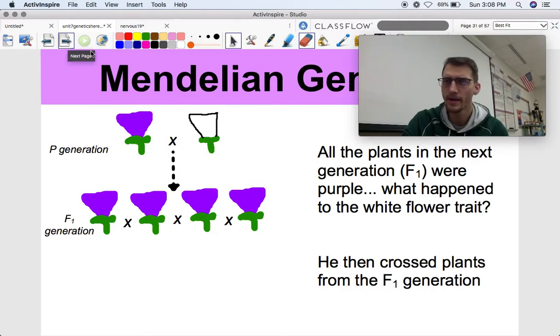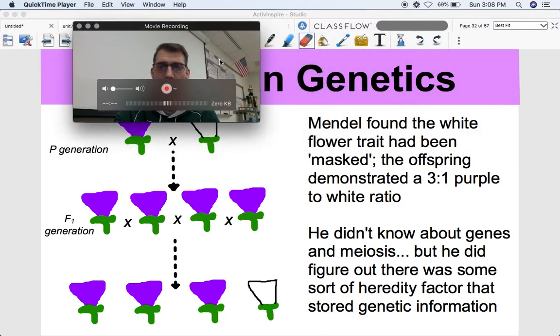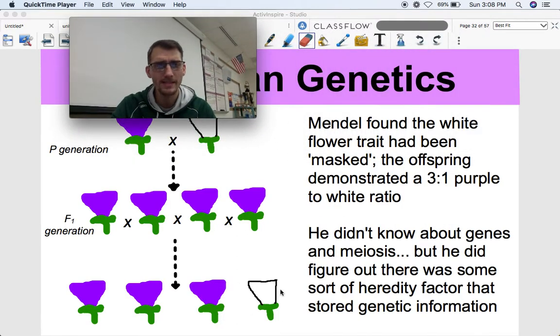Then he crossed two plants from the F1 generation and got the F2 generation and found more plants that had this white flower characteristic. It was weird because the white flower characteristic kind of skipped a generation, or he found that the white flower trait had been masked. In this F2 generation, the offspring demonstrated a 3-to-1 purple flower to white flower ratio.